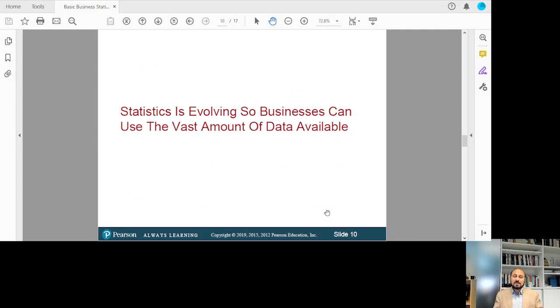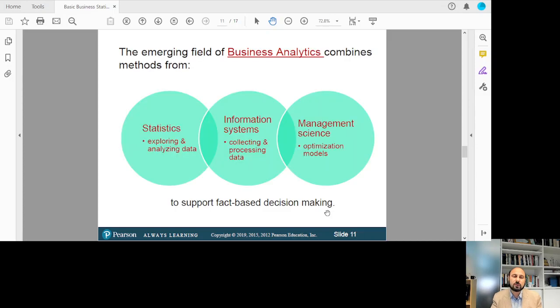Statistics is evolving so businesses can use the vast amount of available data to make decisions, from huge data that we see being produced even in nanoseconds. Imagine the emerging field of business analytics, which is very famous now. It combines three methods coming from statistics, information systems, and management science. Statistics helps to explore and analyze data. Information systems help to collect and process data.